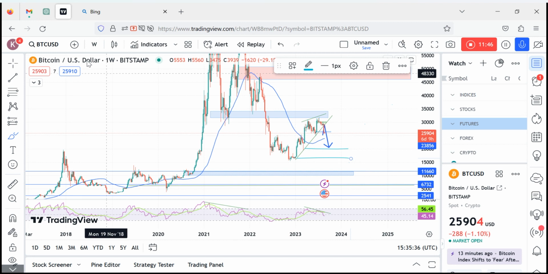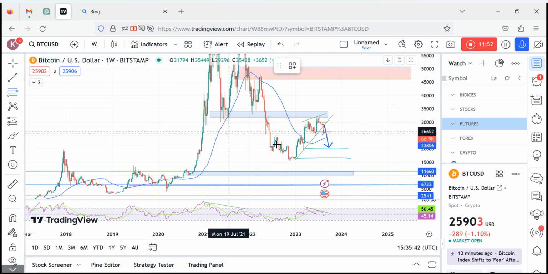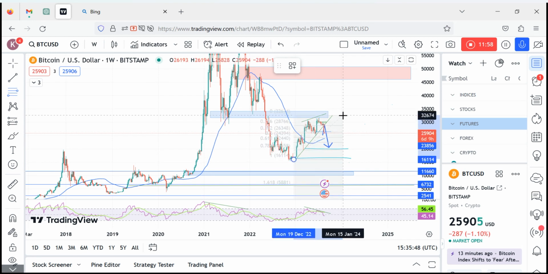All right. So in the extreme, let's use our Fibonacci tool here. I'm trying to get other levels the market is likely to get to by using our Fibonacci tool. Okay, that is it.